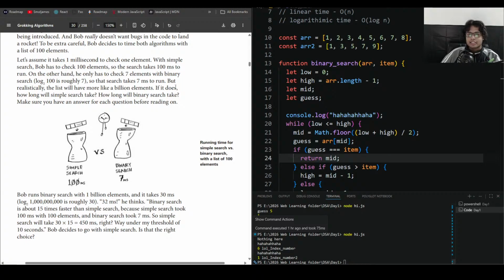Let's assume it takes 1 millisecond to check one element. With simple search, Bob has 100 elements, so the search takes 100 milliseconds to run. On the other hand, he only has to search 7 elements with binary search. Log base 2 of 100 is roughly 7.